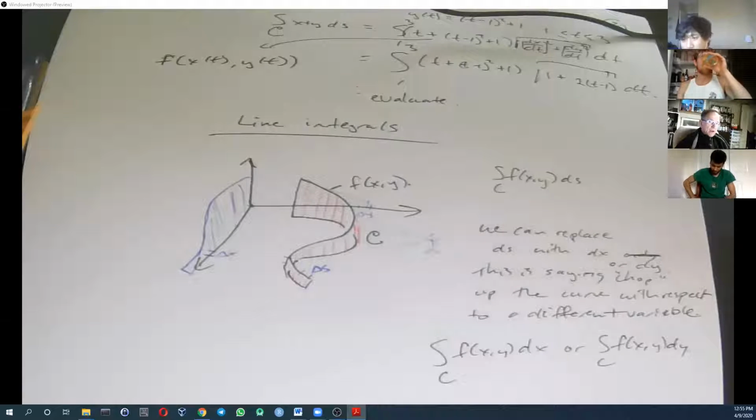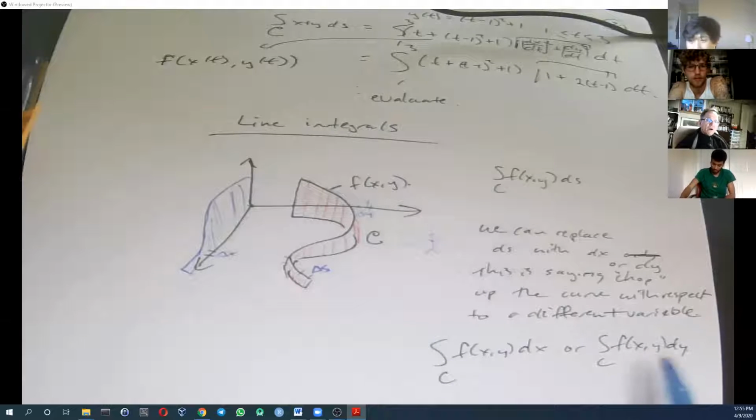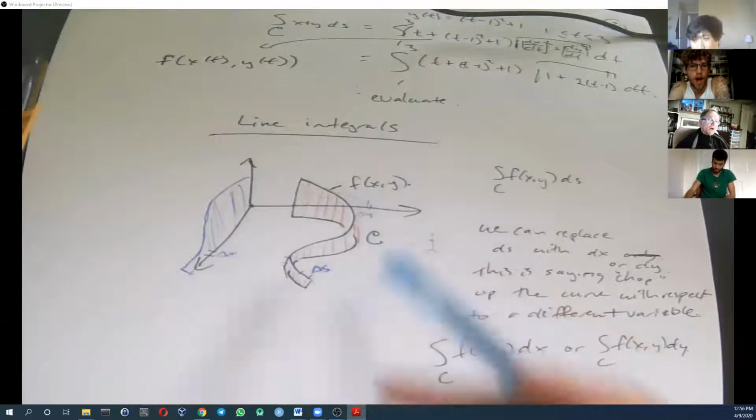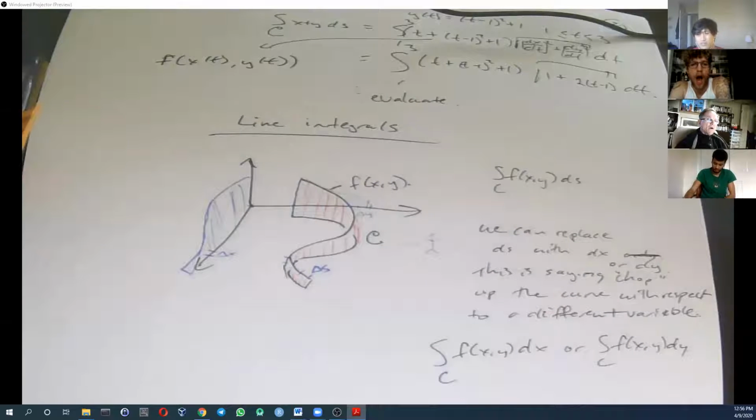So the weaving back and forth in the y direction is not captured by this projection. It's captured in this integral by having some negative points and some positive points, but not in this picture. Does that make sense?